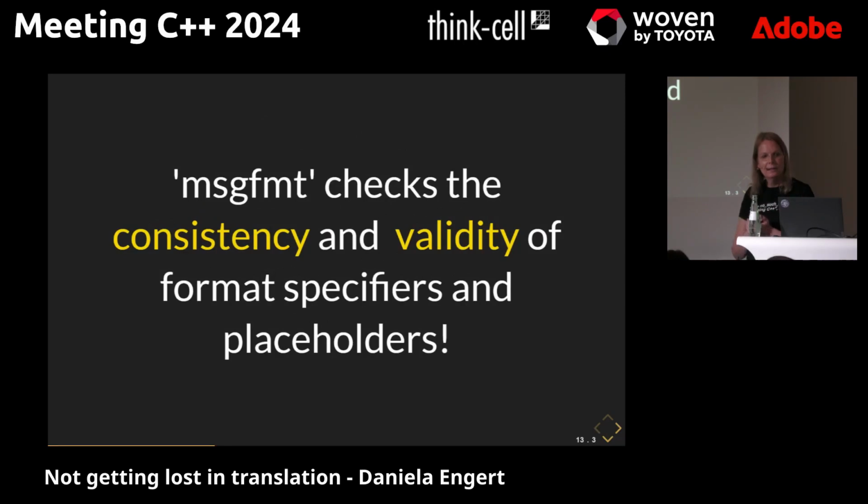And this is a very important step, because we can now check if the formatting specifications that we had in our C++ source file are also correctly translated into the target language. So this is an important step in the whole process of translation. We want to make sure that if we have a valid input, we get a valid output from that.